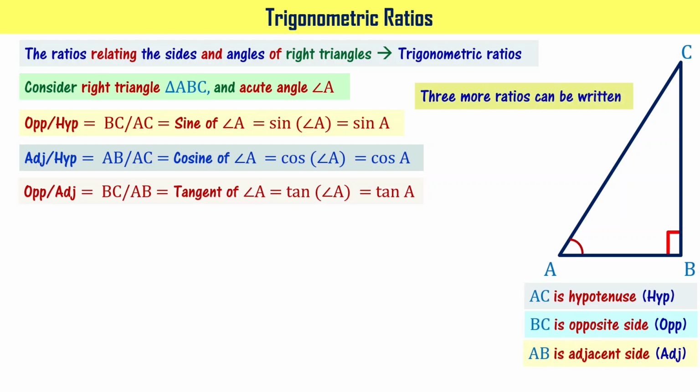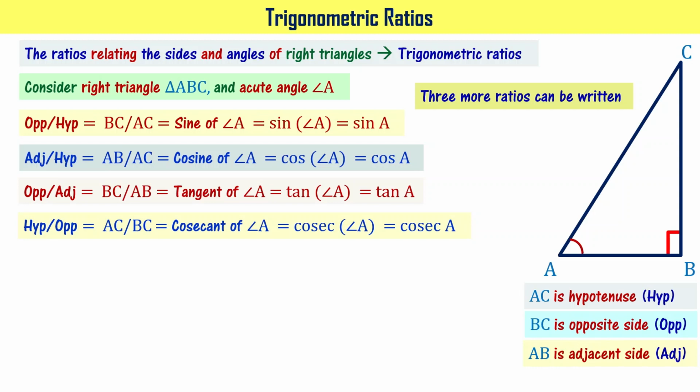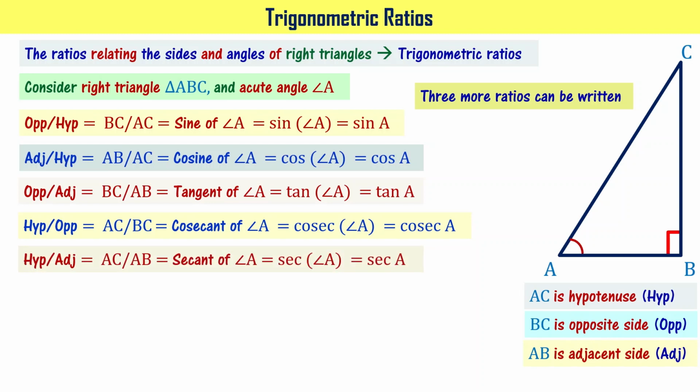And there are three more ratios one can write. Those are inverse of these functions. For example, if instead of taking opposite side by hypotenuse, you take hypotenuse by opposite side, that is AC by BC, that function is called cosecant function, and AC by BC is defined as cosecant of A. That can be written as cosec of angle A or cosec A. Let's say that you take ratio of hypotenuse and adjacent side.